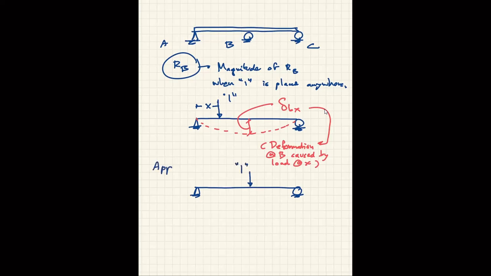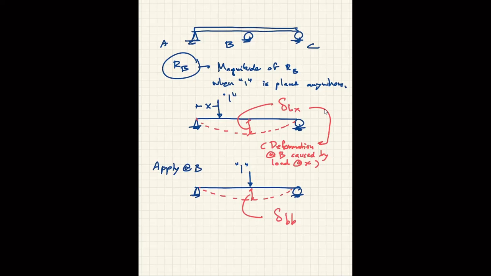So say apply at B. So when I apply the unit load at B, if the previous one is the deformation at B due to the unit load at X, now when I apply the unit load at B, I will have the delta BB, correct?